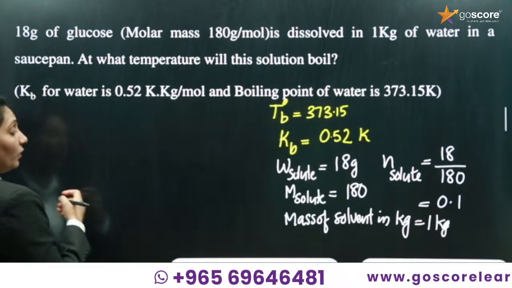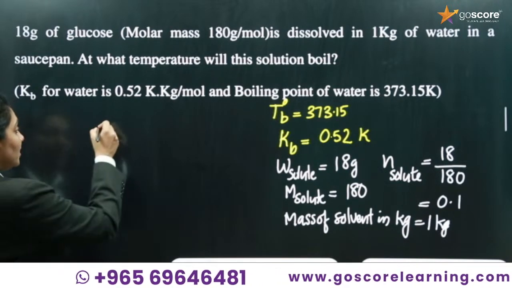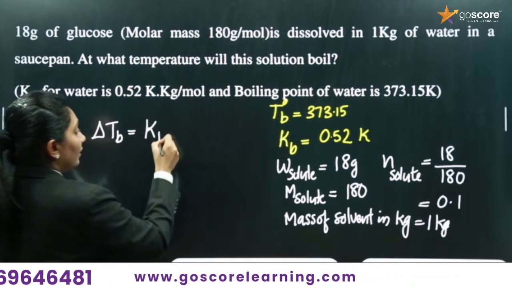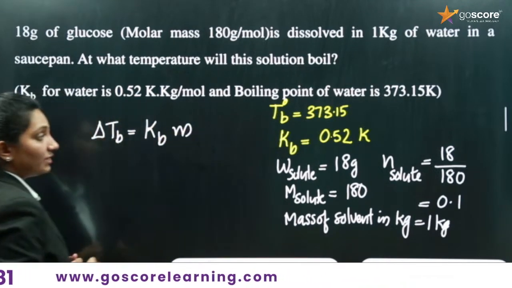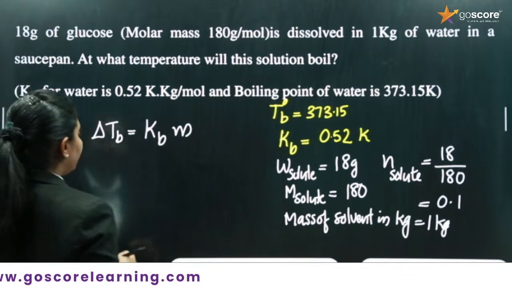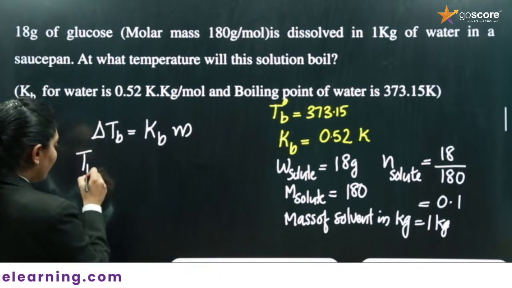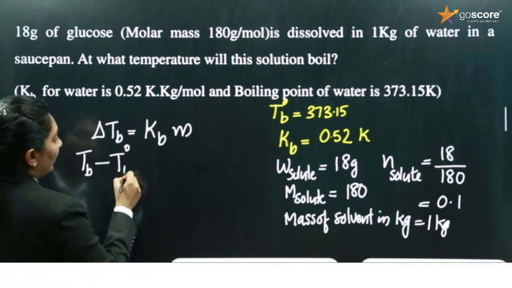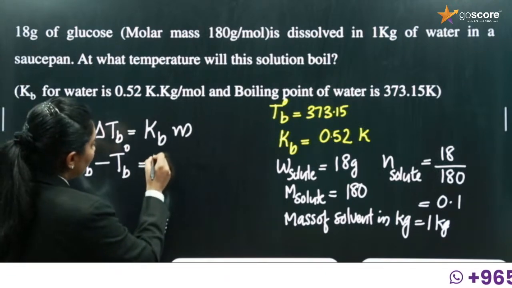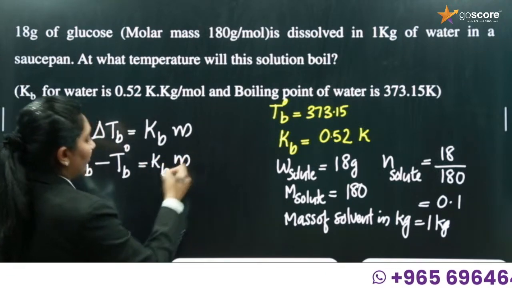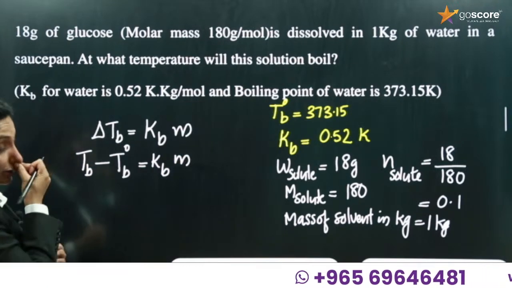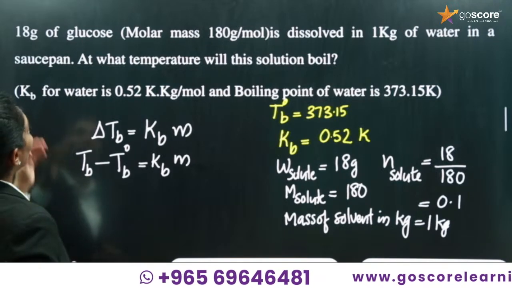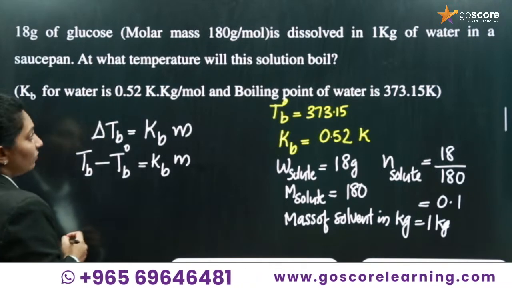So what's your equation? Your equation is delta Tb is equal to Kb into m. This delta Tb is the boiling point of solution minus the boiling point of pure solvent, equal to Kb into m. We just have to substitute the values. By substituting the values, we can find the temperature at which the solution will boil.